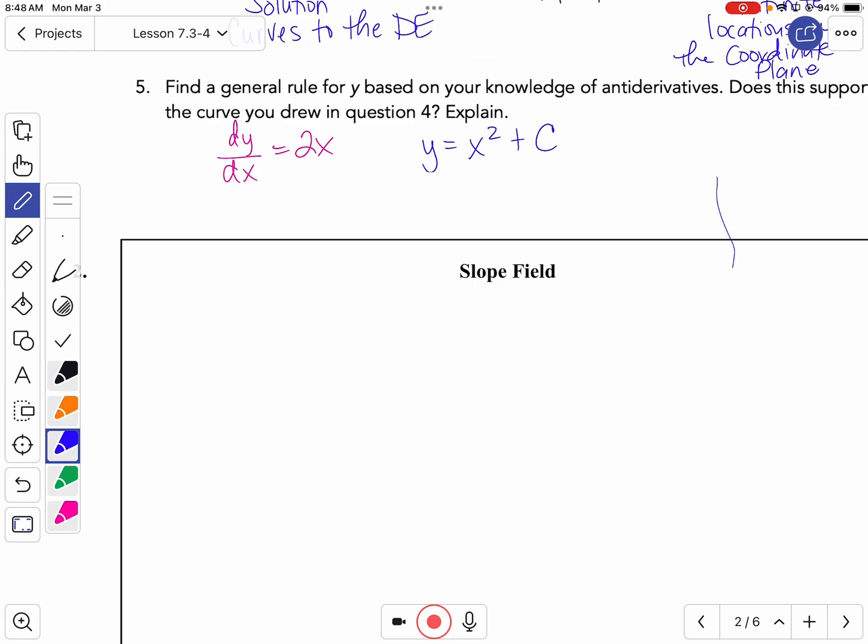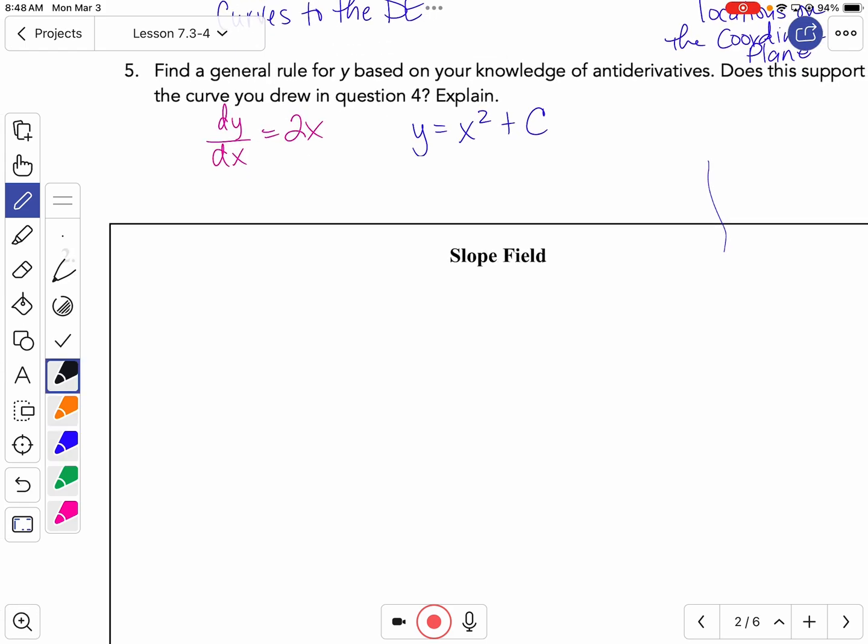Okay, so a slope field is a picture of all solutions to a differential equation.